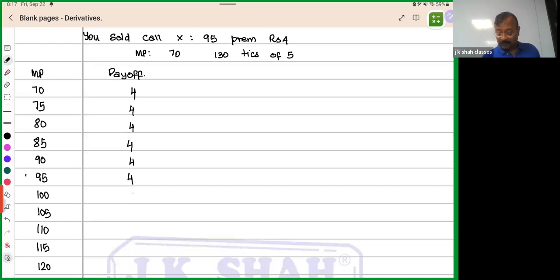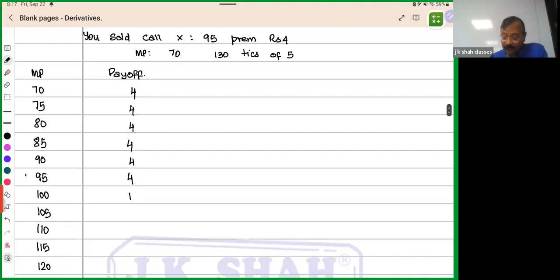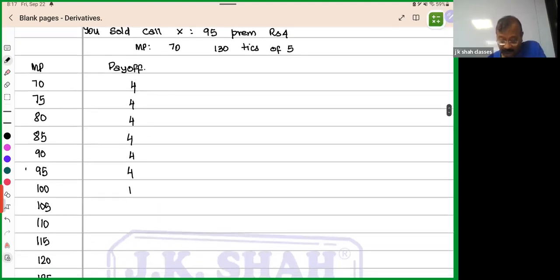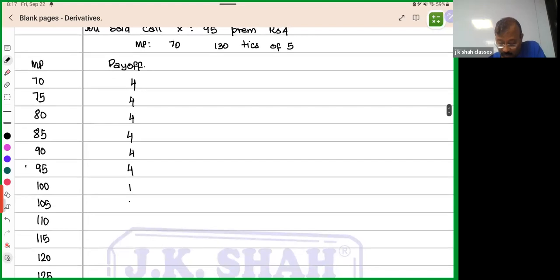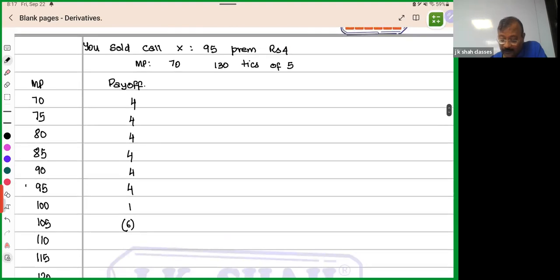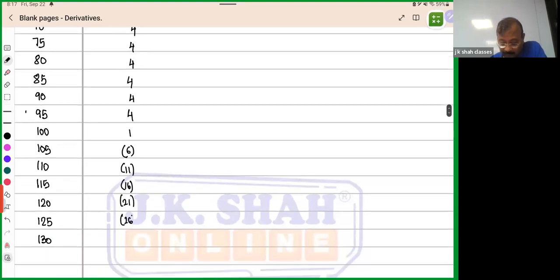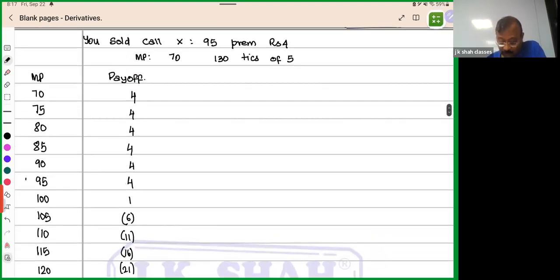That is 1, and 105 is 10 minus 4, 6, and 110 would be 15 minus 4. Ah, 1 rupee is also else.